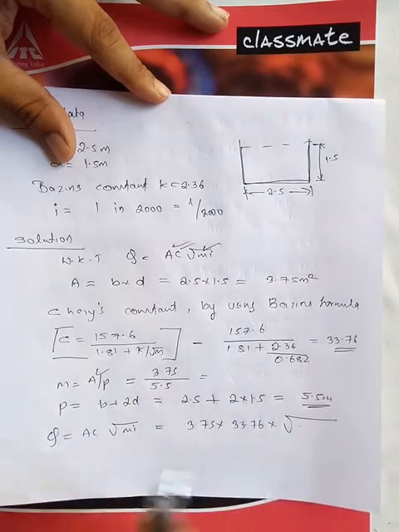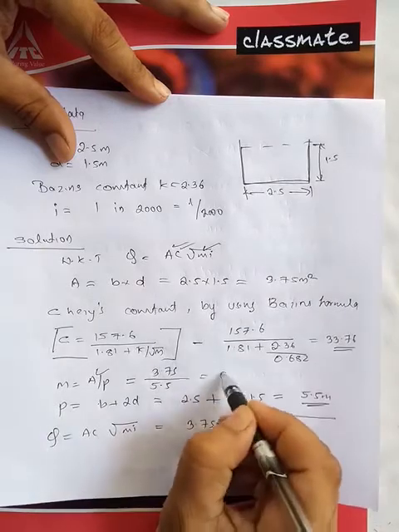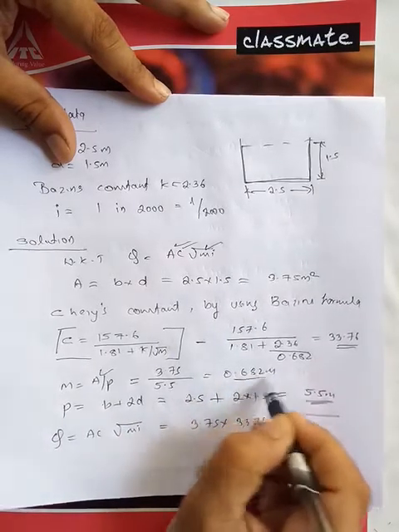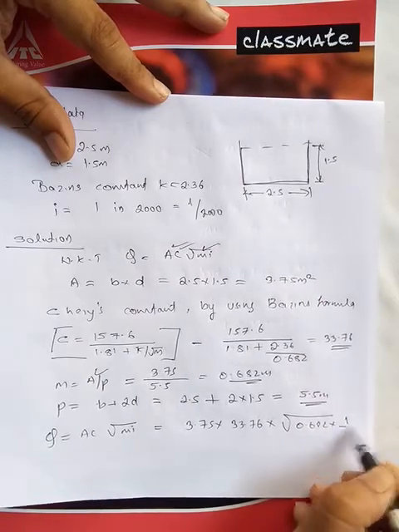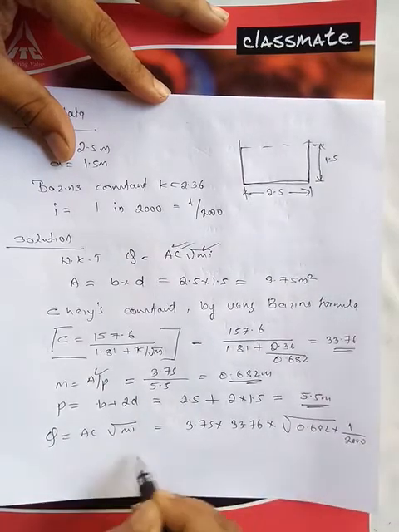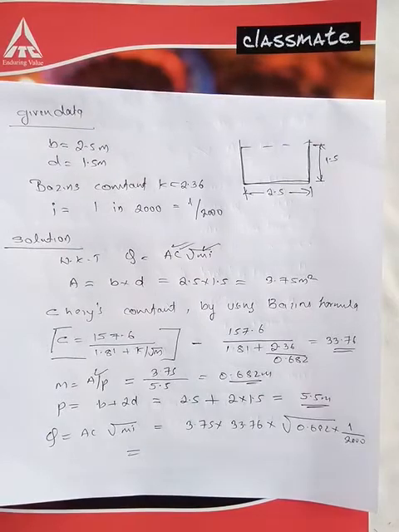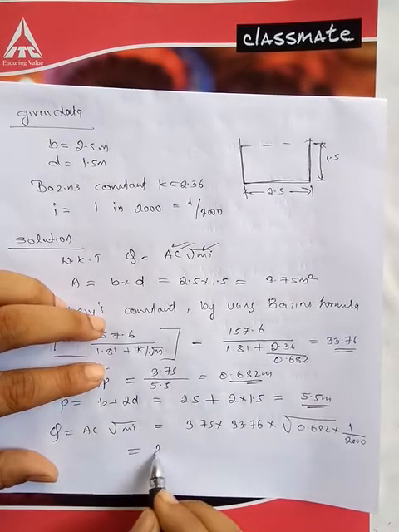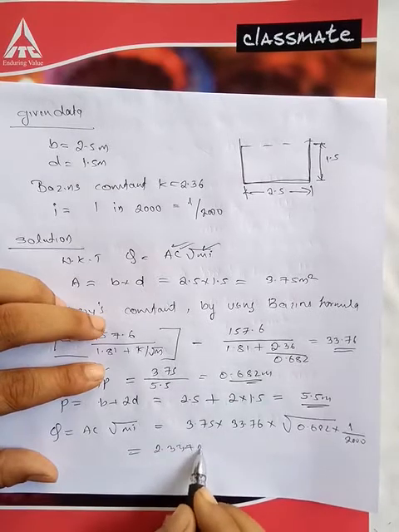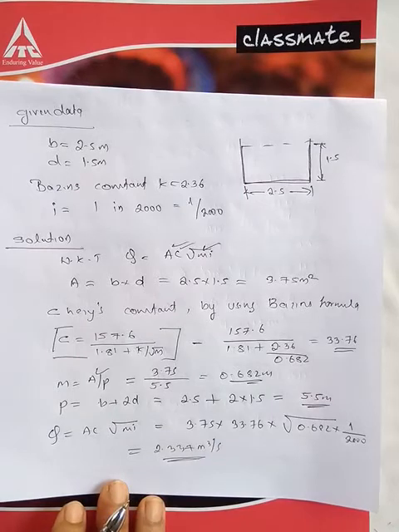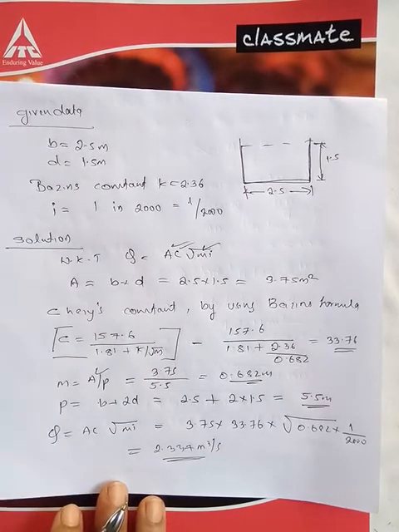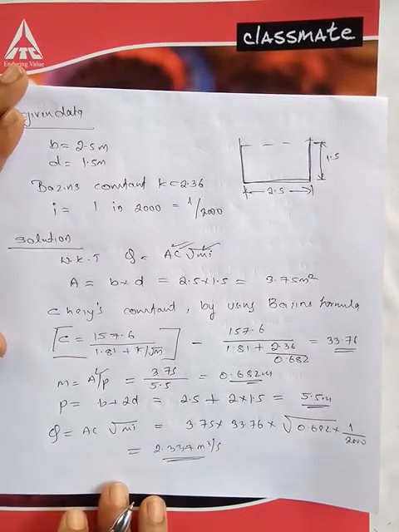What is the value you got? Okay, just check it, 0.682. Into i is 1 by 2000. So you got the discharge is equal to 2.337 meter cube per second. I think this problem is clear. Next numericals I will continue in the next video class. Okay, thank you.